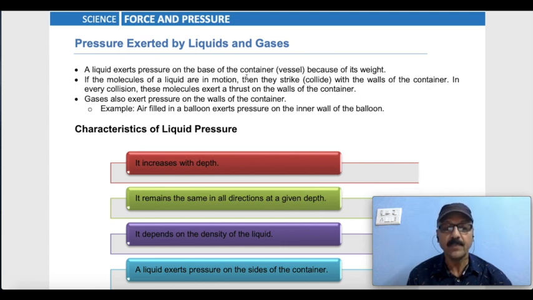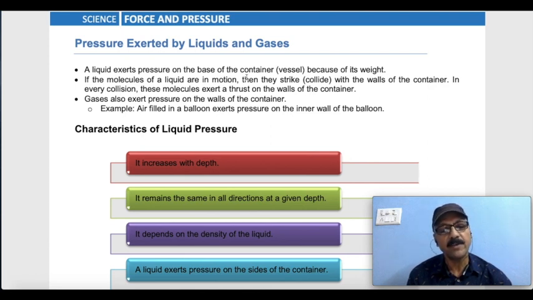Now we take another activity to show that liquid pressure varies with depth. Take a plastic bottle and punch 3 holes at different heights. Remember here, 3 holes at different heights. Now pour some water into it and let the water flow through these holes.